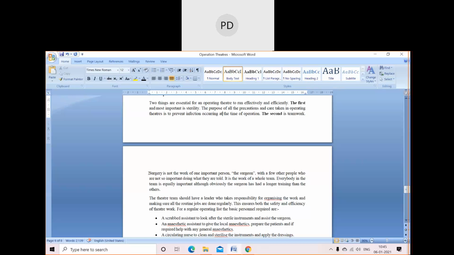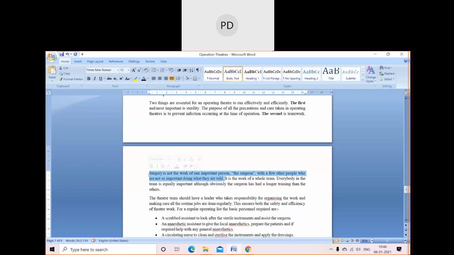Okay, surgery is not the work of one important person, the surgeon. The team also has to be involved to carry out a good surgery, right? People think that the surgeon is the sole person who would be taking care of each and everything.